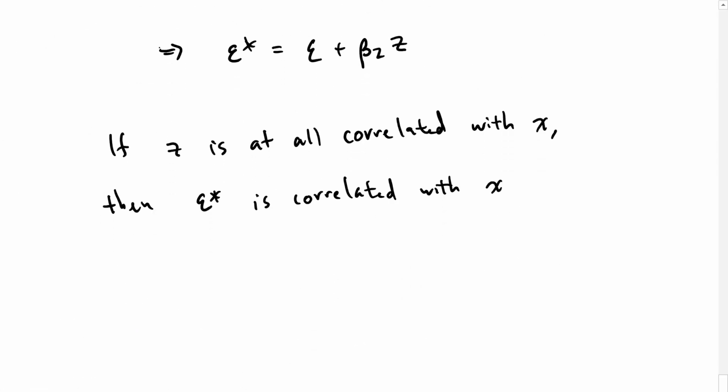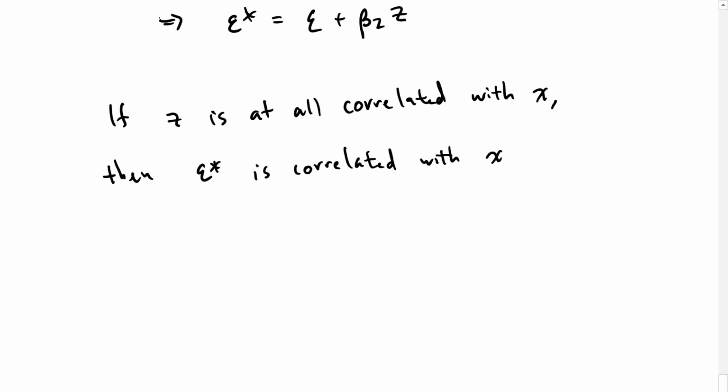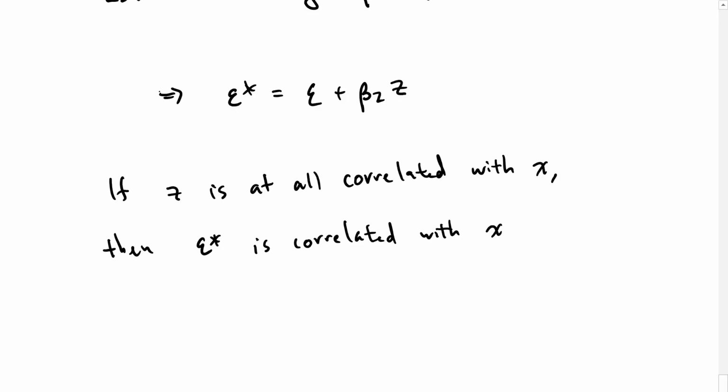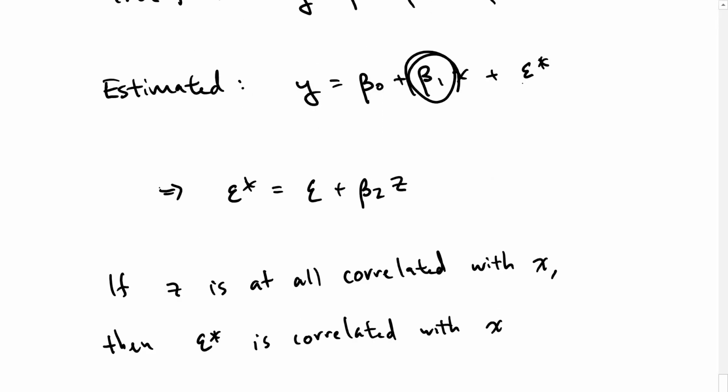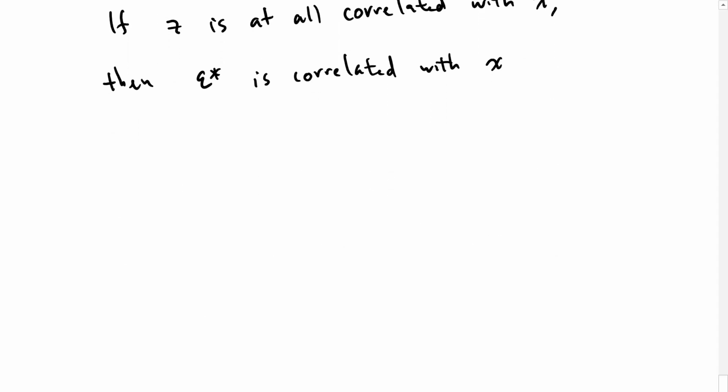So that is this idea of omitted variable bias, and again, that's going to cause a biased beta 1. It's going to look like the relationship between x and y is either greater or less than what it actually is.